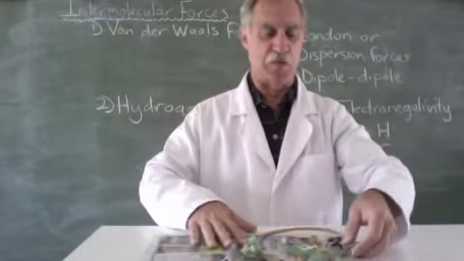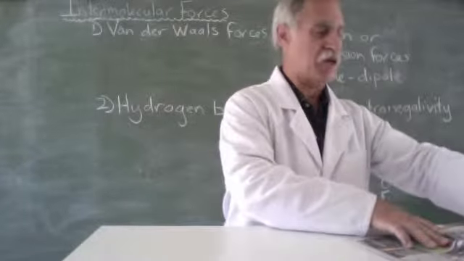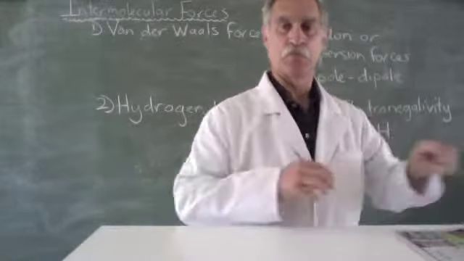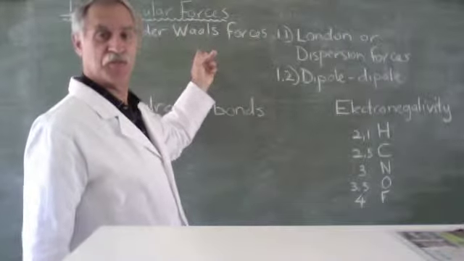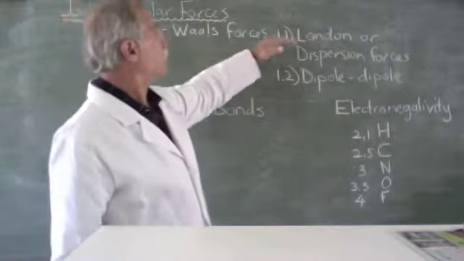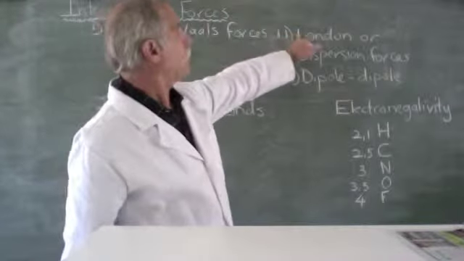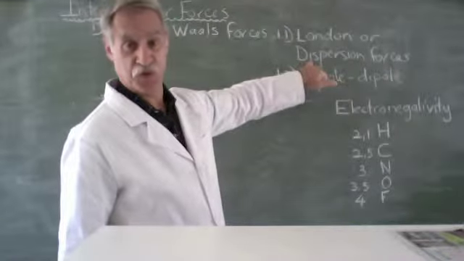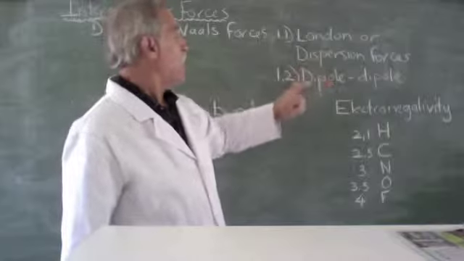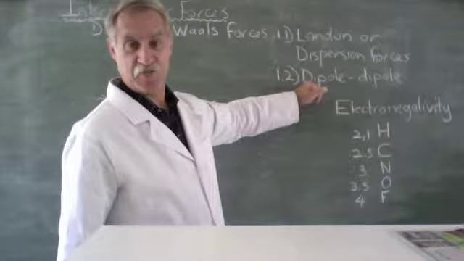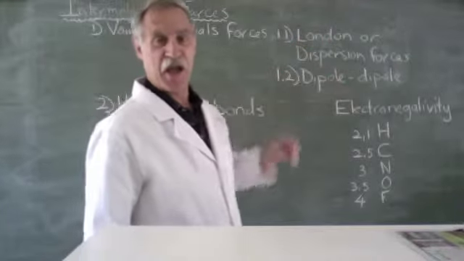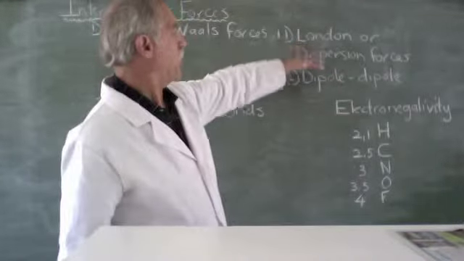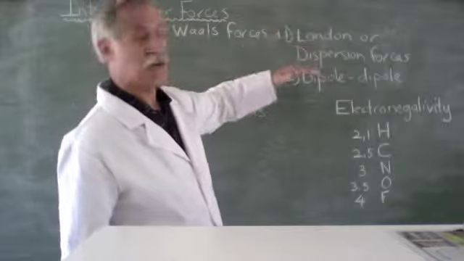Now, there are three types of intermolecular forces. We have our Thunderballs Forces, which include London forces, otherwise known as dispersion forces, and then we have dipole-dipole forces, which are part of our Thunderballs forces, and these are weakish forces, very weak.